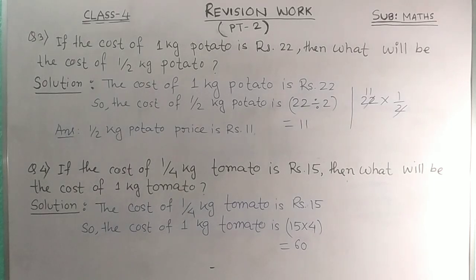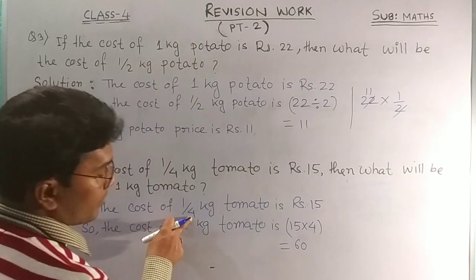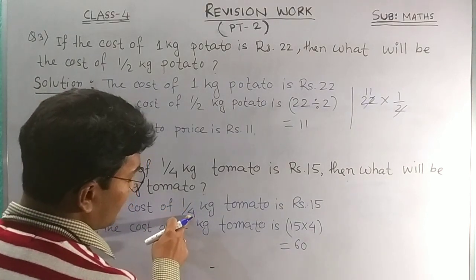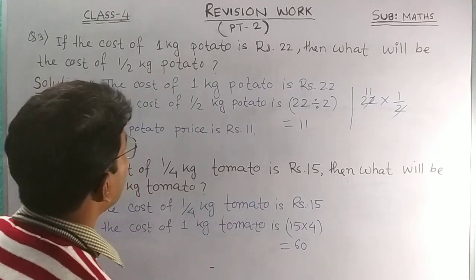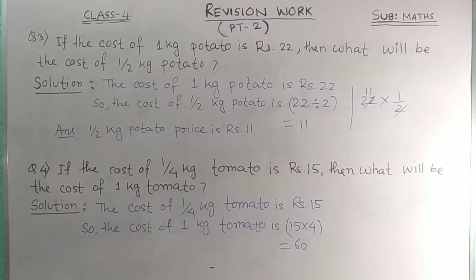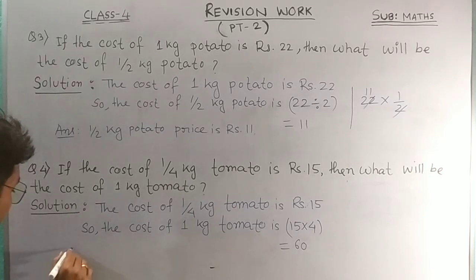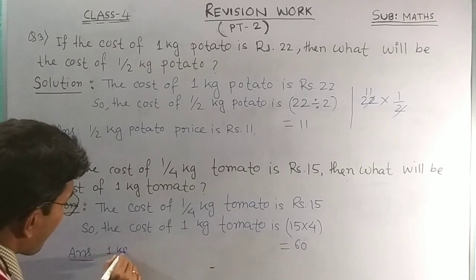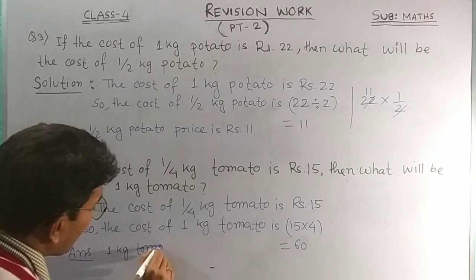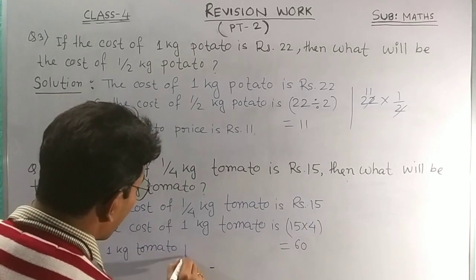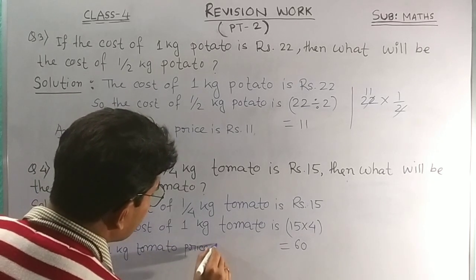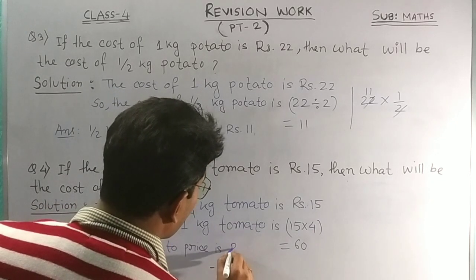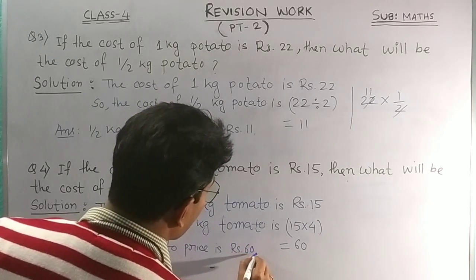How? Why do you multiply with 4? Because here 4 is already given. If it were half given, we will multiply with 2. Yes na? So it is 4. So you have to write the answer: 1 kg tomato price is, there is written cost, but price and cost is same, rupees 60.